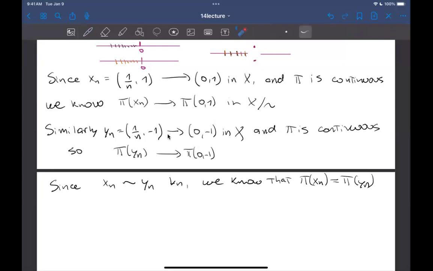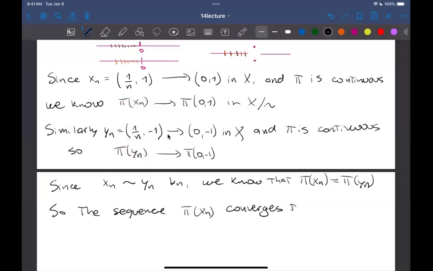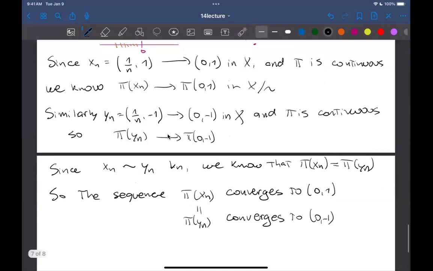Okay, but then we have the sequence. So the sequence phi of xn converges to this point (0, 1). But since it's also equal to this guy, it also converges to (0, -1). Sorry, here we need to say pi of these guys, the classes.